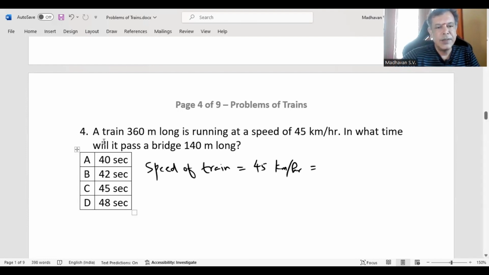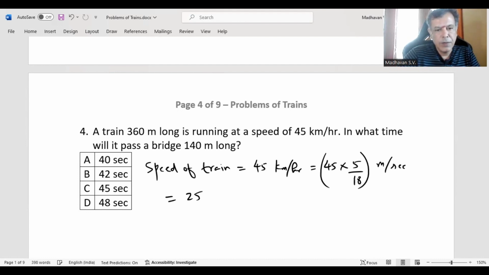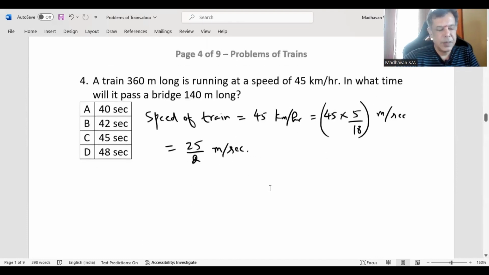Since the options are in seconds, we will convert this into meters per second. So 45 into 5 by 18 meters per second. That will be equal to 25 by 2 meters per second. So that is the speed of the train in meters per second.